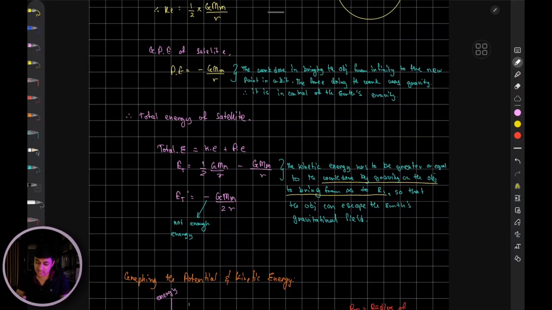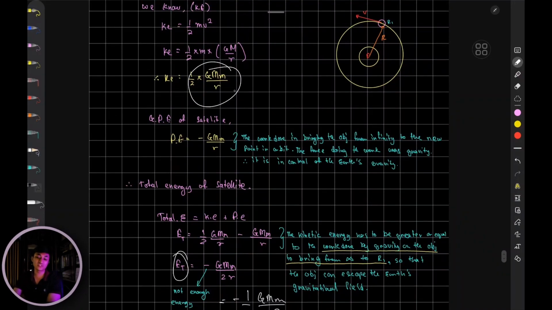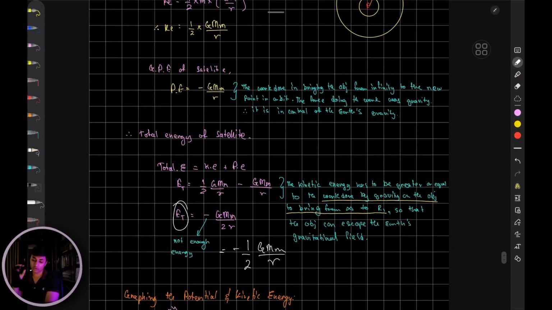That results in the total energy of the satellite being minus half GMm by r. What does this mean? It means the satellite does not have enough kinetic energy, remember, it has only half GMm by r, when it needs GMm by r, to move away and get out of the gravitational field of Earth.